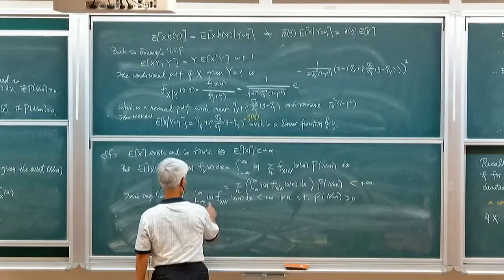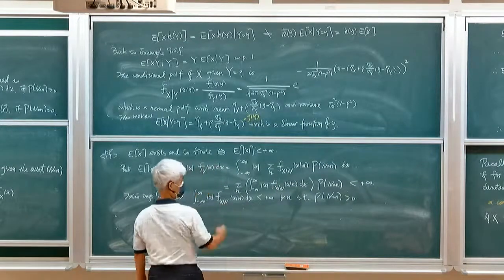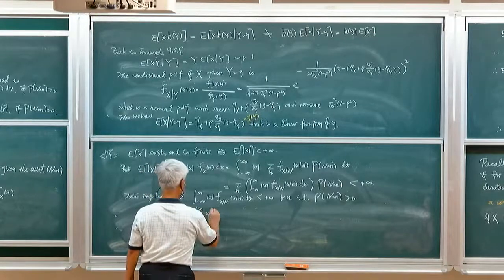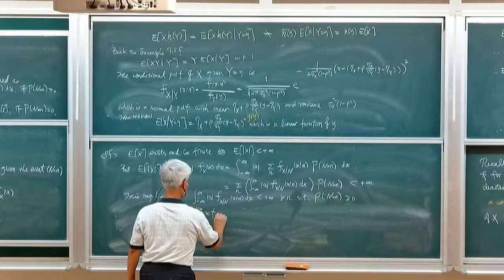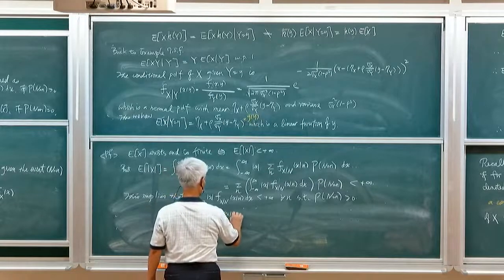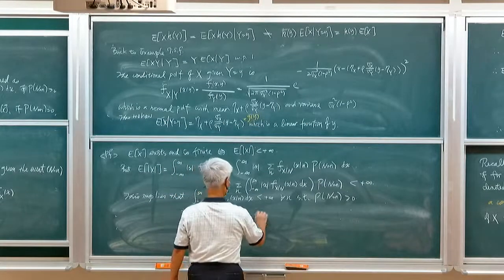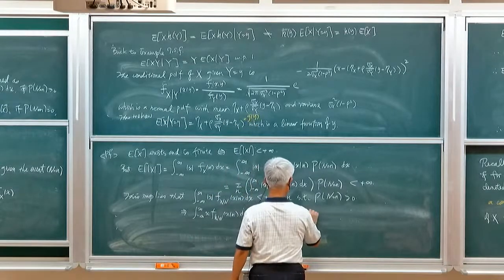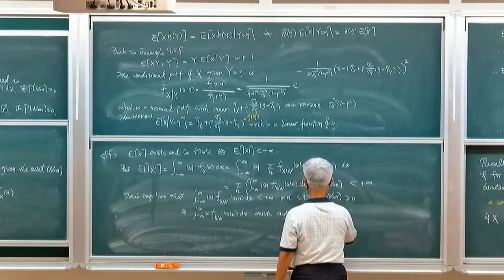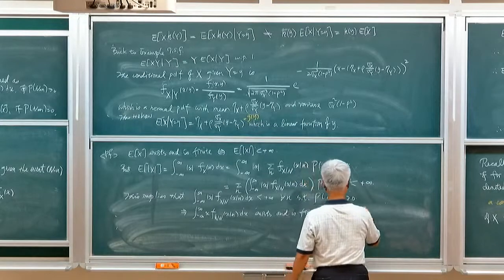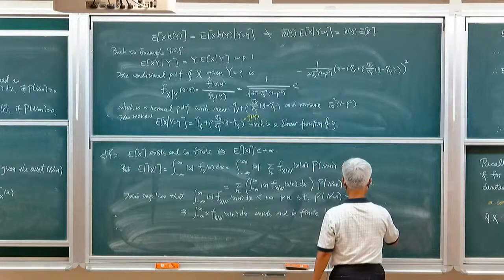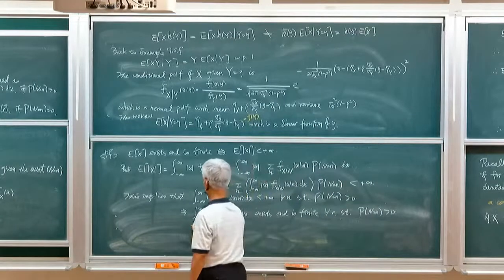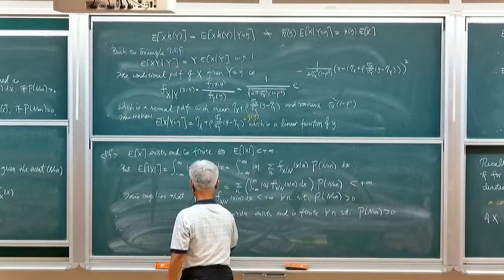And absolute integrability implies that the integral exists and is finite for all n such that the probability is positive, and what is that? This is actually the expectation of x.